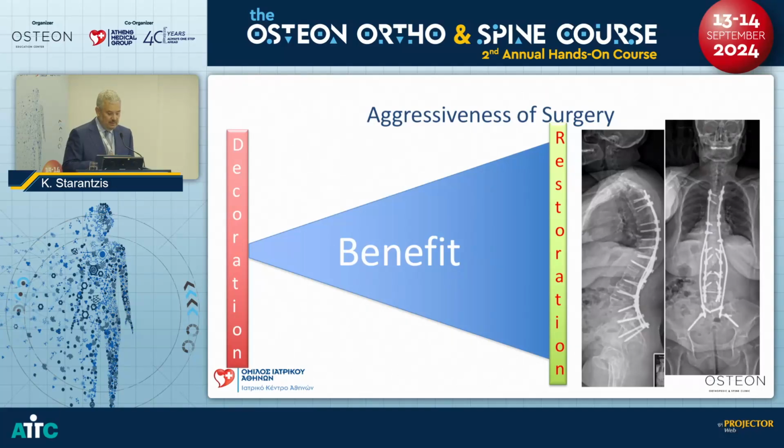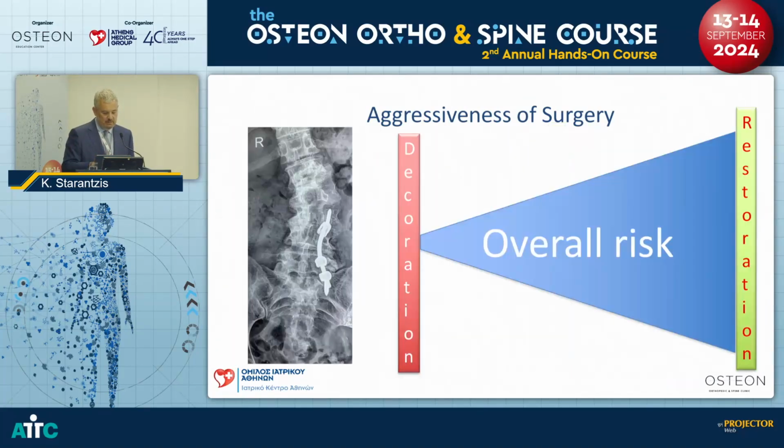And we all know that the further we go with the correction, the risk rises, same as the benefit to the patient if the operation is successful. So we need to know where to stop, in between, in the spectrum of deformity and restoration.